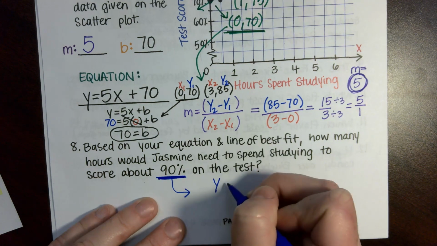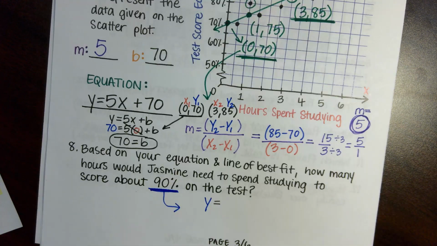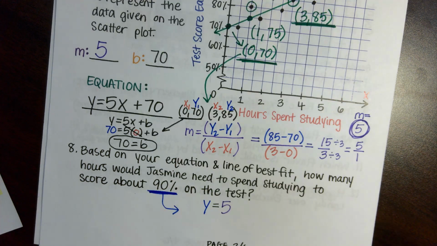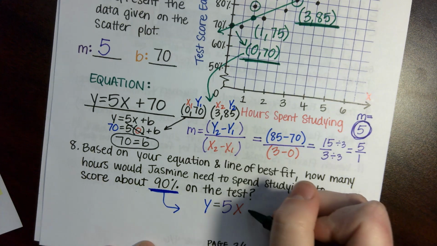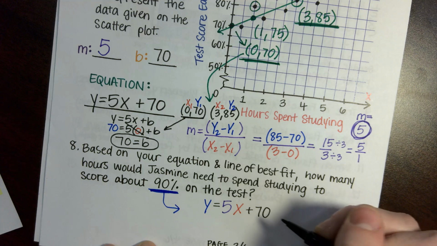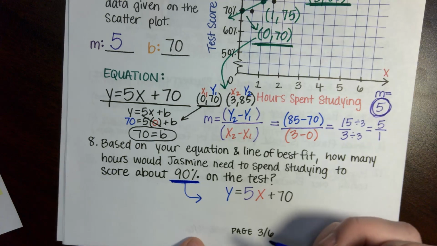So I'll rewrite that. Y equals 5x plus 70. Okay, and then we're going to put 90 in for y, guys.